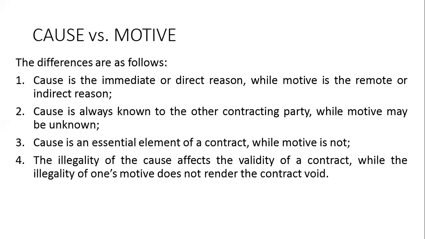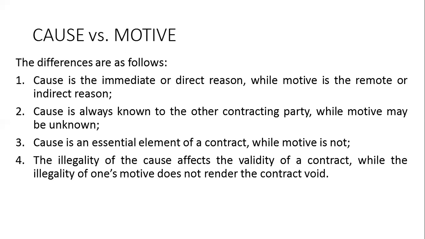Cause is, of course, an essential requisite of a contract, while motive is not. The illegality of cause affects the validity of the contract, because if the cause is illegal, then the contract would be void, while the illegality of one's motive will not render the contract void.